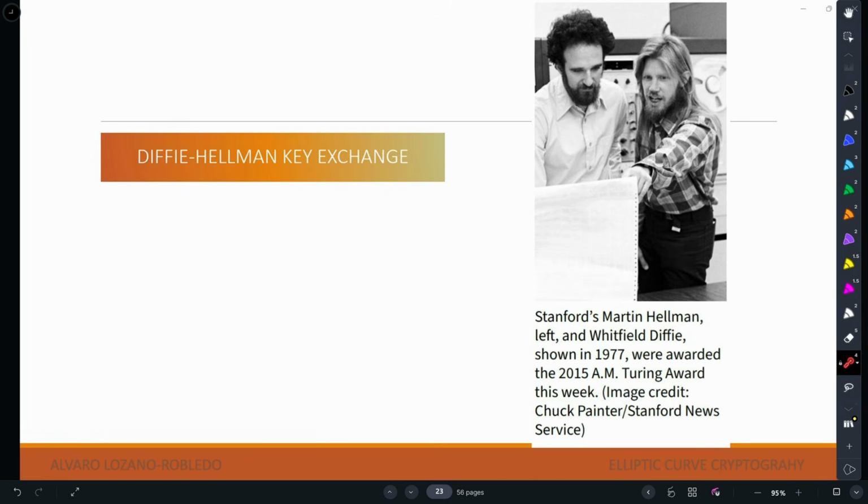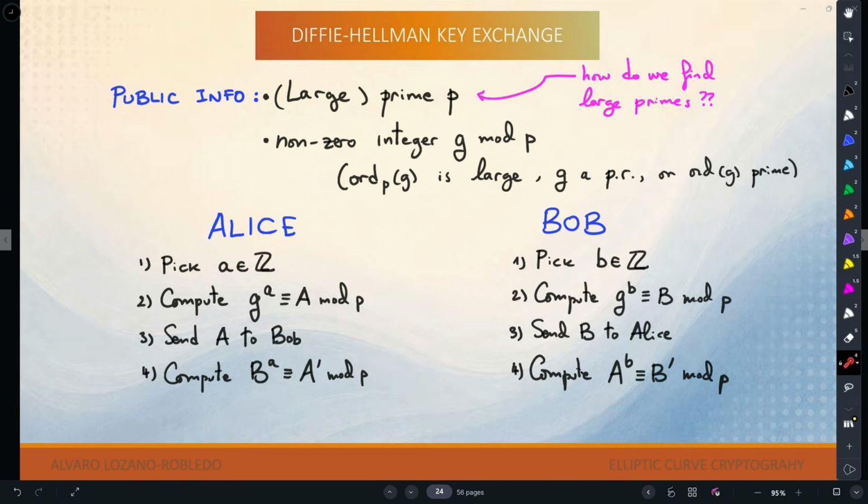Here are Hellman and Diffie, who got the Turing Award for their work. And here's how the Diffie-Hellman key exchange works. This is going to be some public transmission, and what we do is agree on a key and then use some other simpler method.